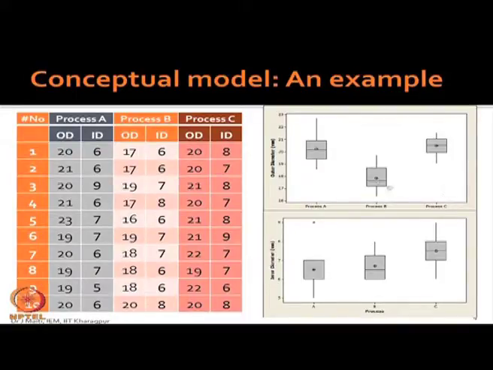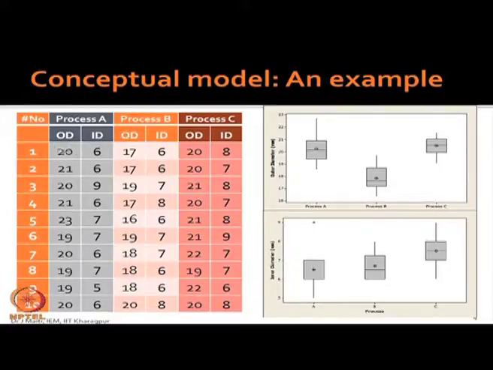This is an example. Last class in ANOVA we saw that process A, process B, process C produce steel washers with a certain quality characteristic, that is outer diameter. So, with one quality variable. Now, here we are adding one more quality variable, that is inner diameter.